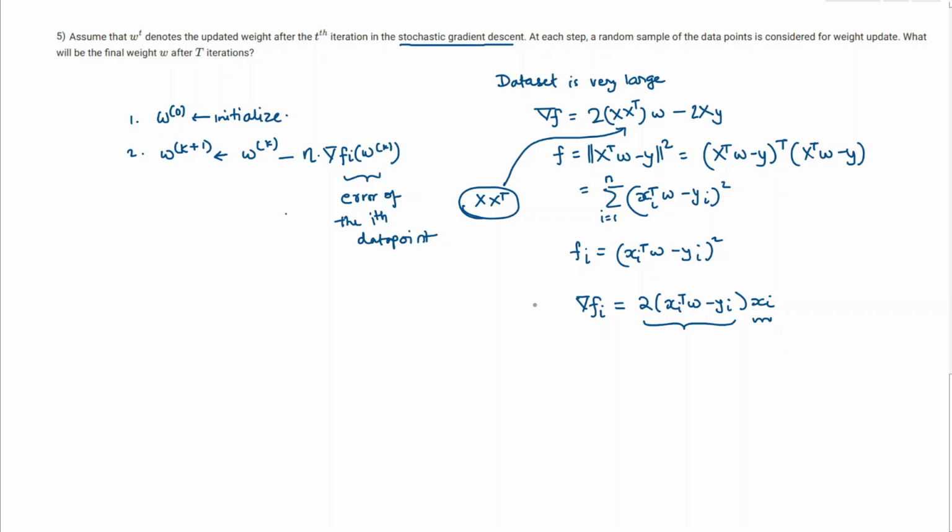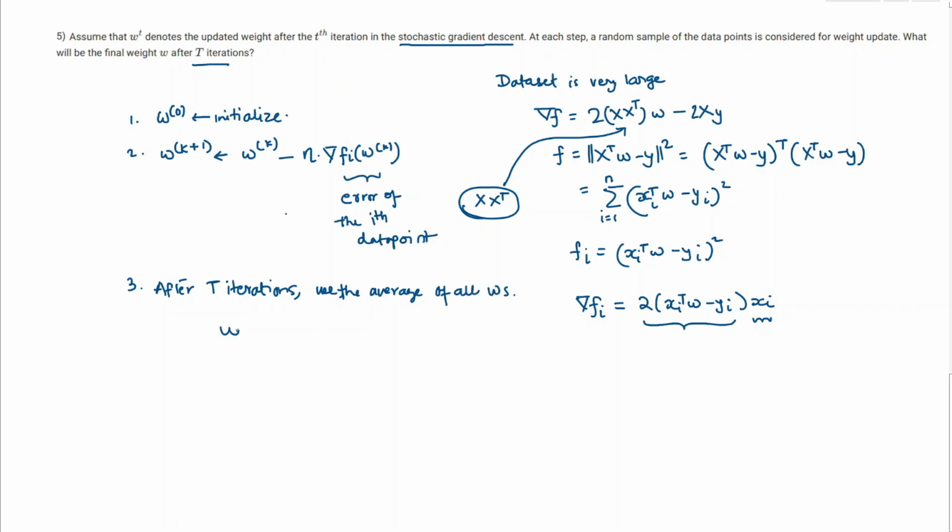Now the third step is to obtain the final weight. Since we are running capital T iterations in the question, after running T iterations, we will use the average of all W's.